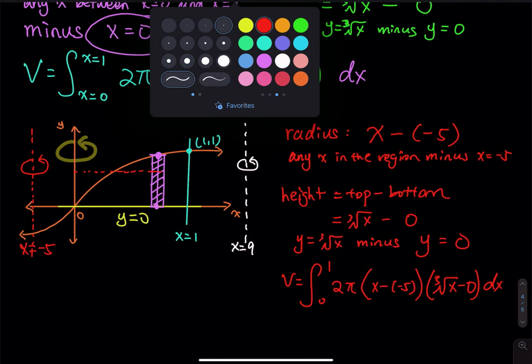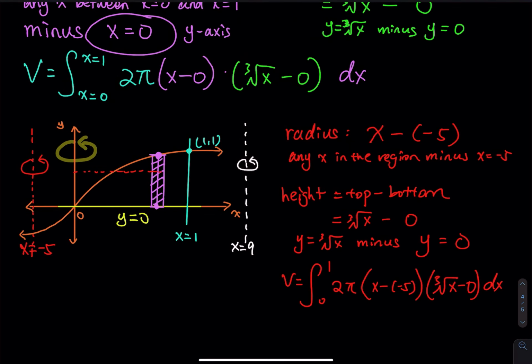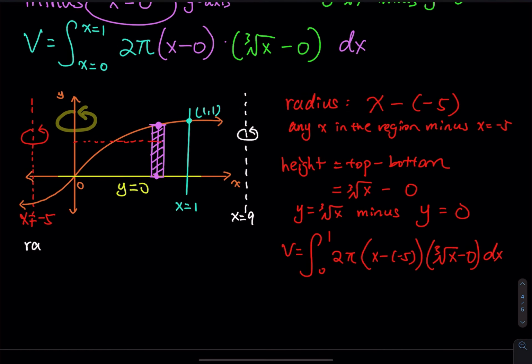What about x equals 9? For x equals 9, this time the radius is equal to right minus left, 9 minus any x between 0 and 1. So this is x equals 9 minus any x in the region.